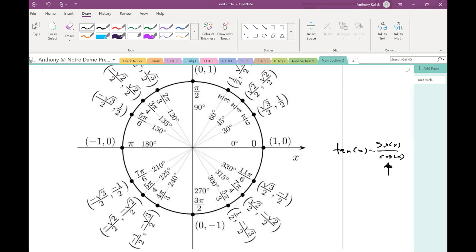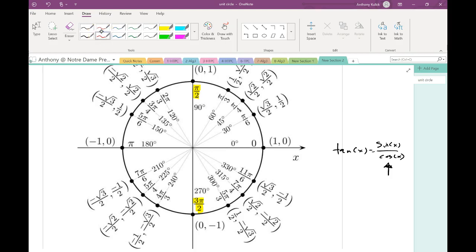So let's find on the graph the places where cosine is equal to 0. I notice it's here at pi over 2 and down here at 3 pi over 2. Everybody okay with that? All right.